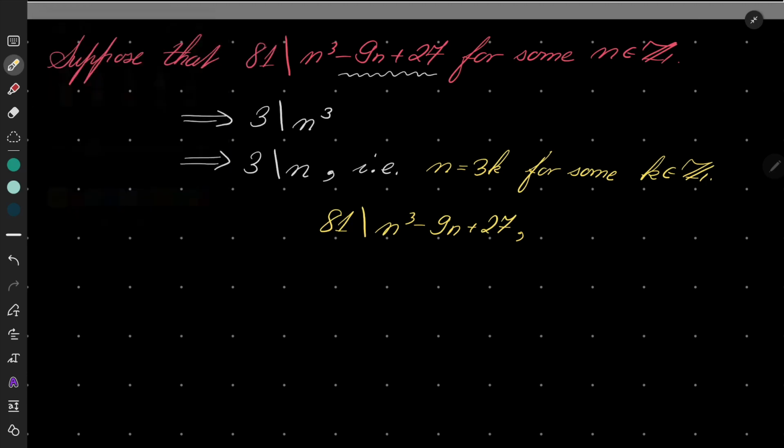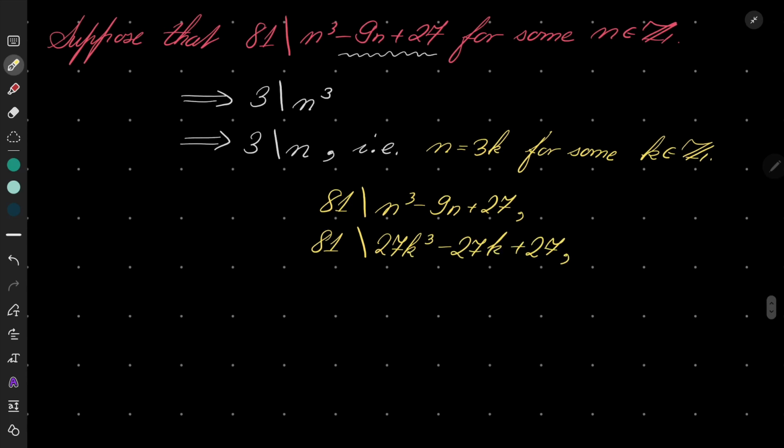And now that means that 81 divides 27k cubed minus 27k plus 27, which in turn, after division by 27, is equivalent to saying that 3 divides k cubed minus k plus 1.